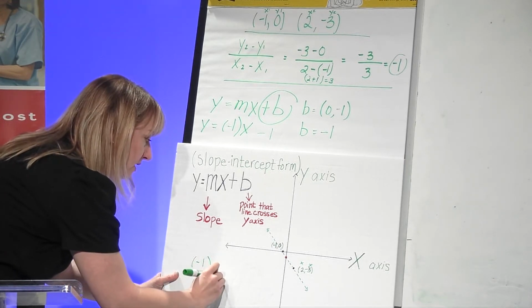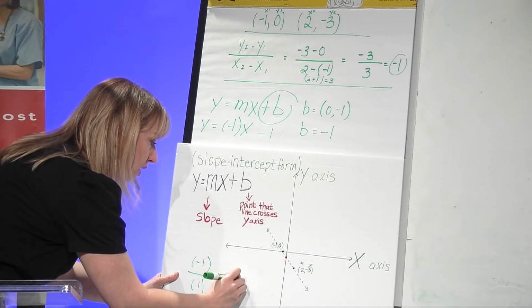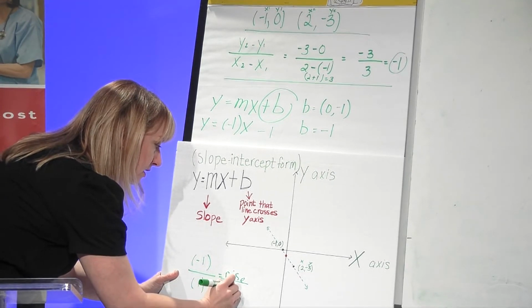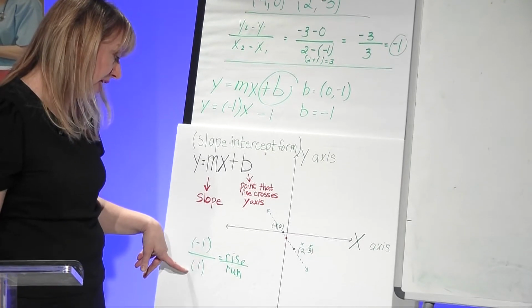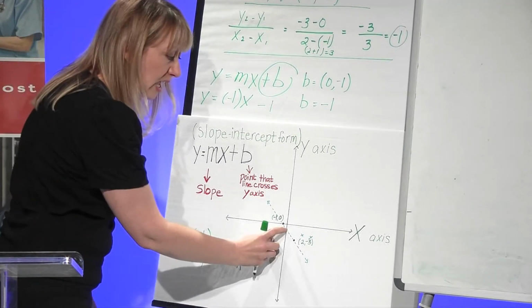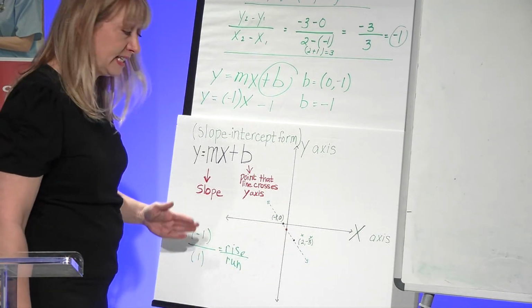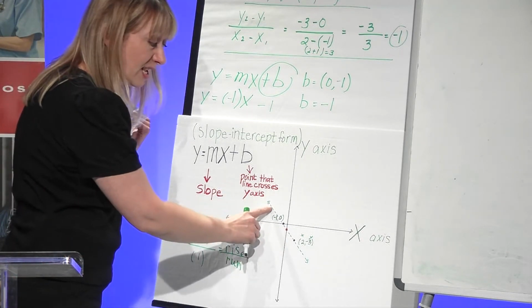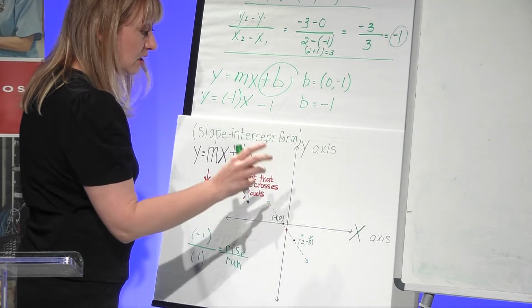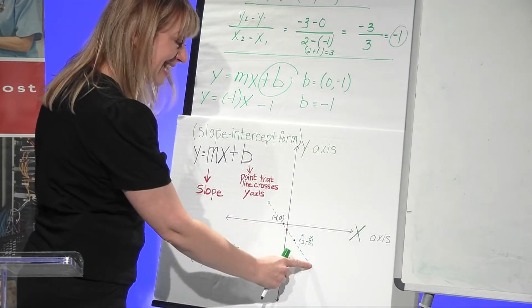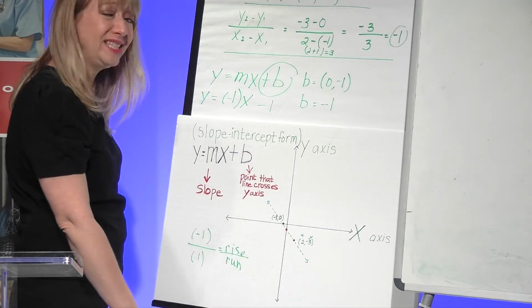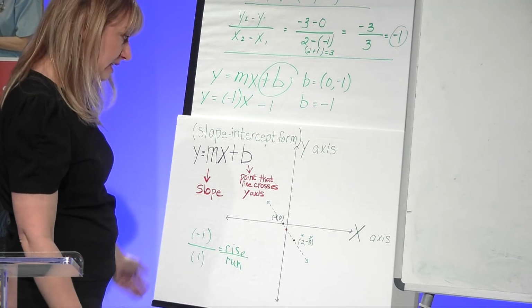So rise over run. And again, a negative divided by a positive is a negative. So whether you're counting this way or up, you're still going to get 1 over 1, and it's going to be negative. And you know it's negative because from left to right, it's going down.